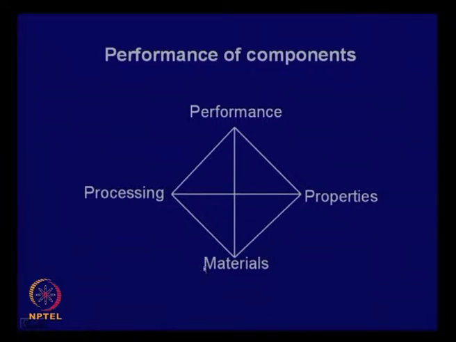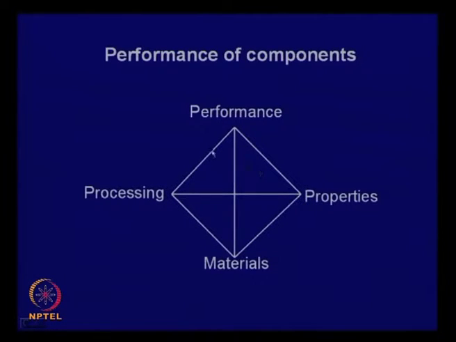The material means basically the composition of the material, what it consists of, whether it is a pure metal or an alloy, what alloying elements are added, and how we process it, whether it is cold rolled, or annealed, or cold rolled and recrystallized, or whether it has been given some special heat treatment or some thermomechanical processing that will affect its properties.